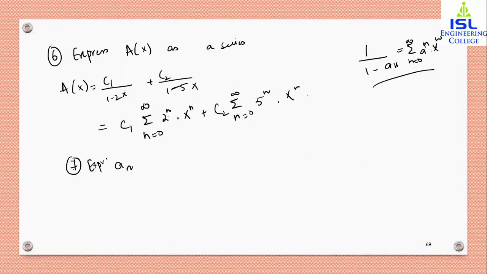The seventh step will be to express a n as the coefficient of x power n in A of x and in the sum of the other series.